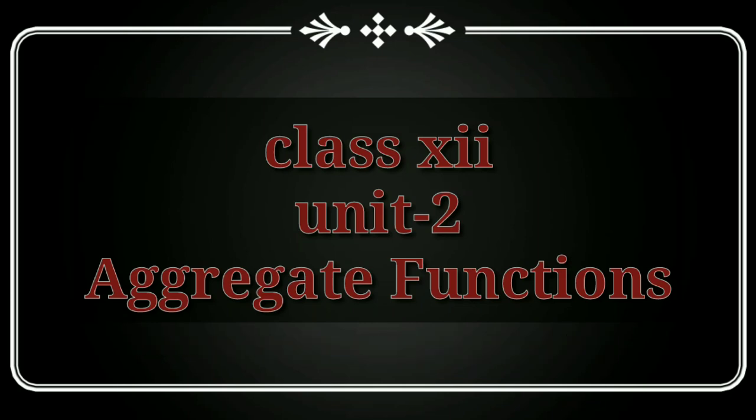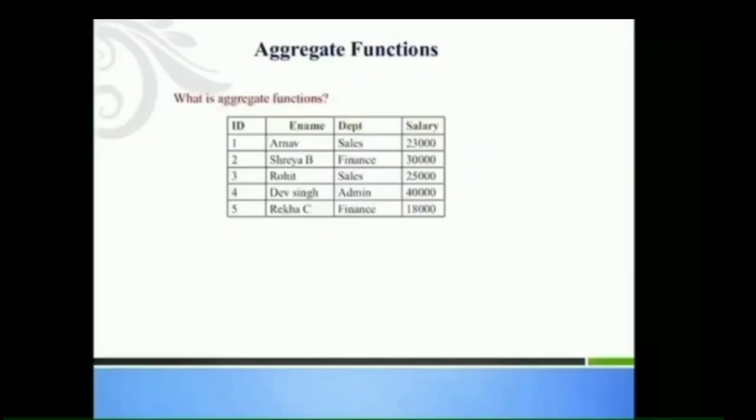First, you should understand when we use aggregate functions. We can check with this example. In this example, ID, ename, department, in short DEPT, and salary columns are there. Suppose I want to get the maximum salary or the minimum salary.